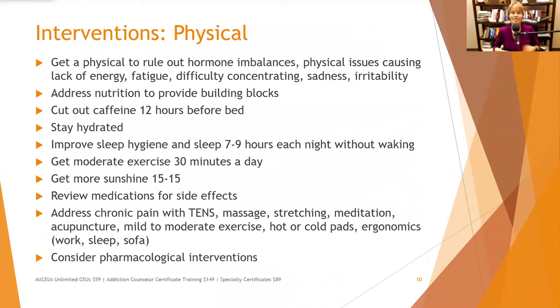The big ones are cutting out caffeine, not taking a hot shower before bed because your body needs to cool in order to sleep, having an ergonomically comfortable sleeping area, getting rid of any allergens that may be keeping you awake, and creating a sleep routine where you do roughly the same 3 things every night, just like you do with kids.